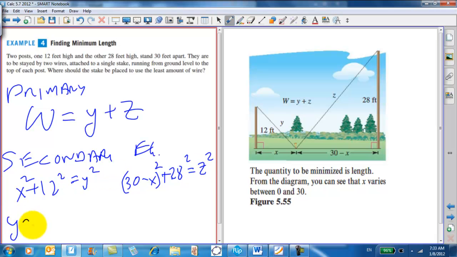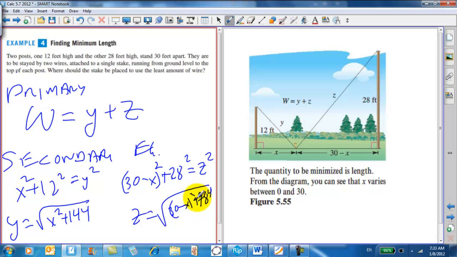So y equals the square root of x squared plus 144. And z equals the square root of (30 minus x) squared plus 28 squared, which is 784. That's going to make a bear of an equation.